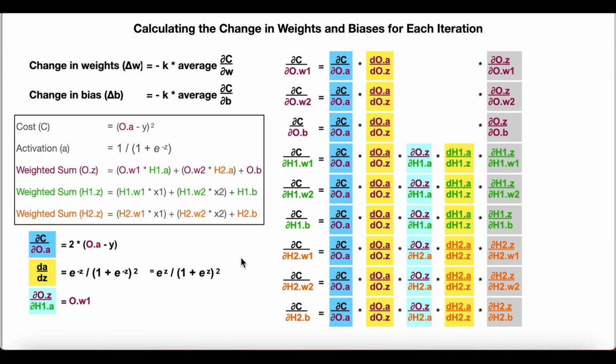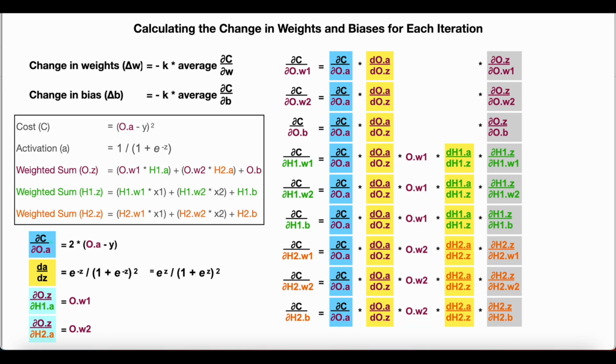Taking the partial derivative of O.Z with respect to H1A just gives us output weight 1. And taking the partial derivative of O.Z with respect to H2A gives us output weight 2. So we can plug those values into our formula.